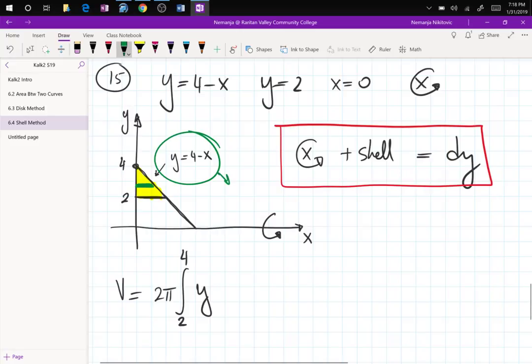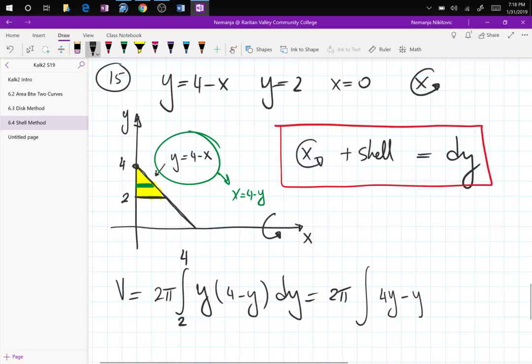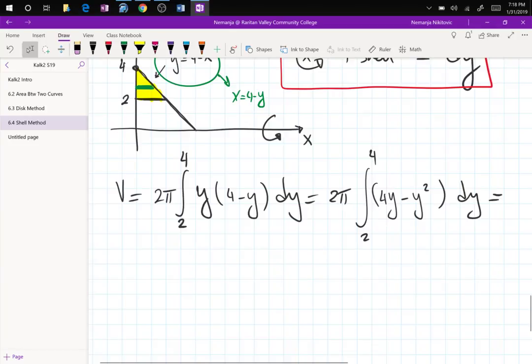So we have to massage this into x equals 4 minus y. There we go. That's 2 pi integral of 4y minus y squared dy from 2 to 4, and we have 2 pi to integrate this: 2y squared minus y cubed over 3 from 2 to 4.